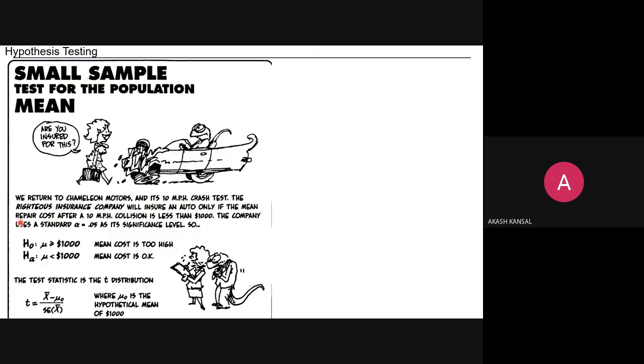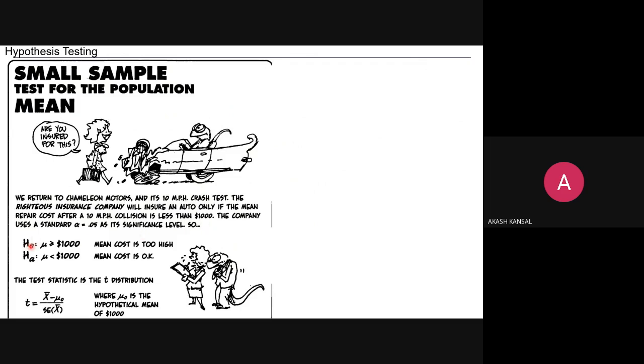And the Righteous Insurance Company is saying that they will insure an auto only if the mean repair cost after the collision is less than $1,000, right? So now what the company does is they want to estimate the probability using a significance level.